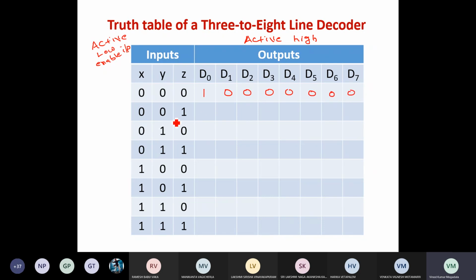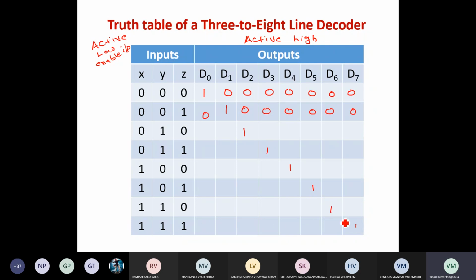Next, for 0 0 1, D1 will be 1, and all remaining are zeros. For 0 1 0, D2 will be 1. For 0 1 1, D3 will be 1. For 1 0 0, D4 will be 1. For 1 0 1, D5 will be 1. For 1 1 0, D6 will be 1.